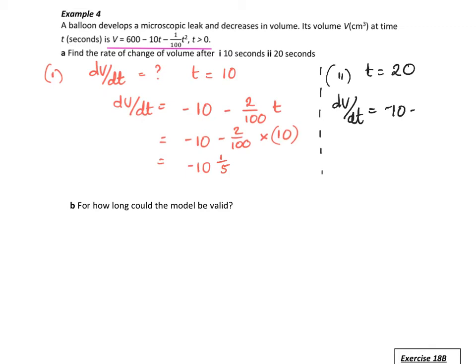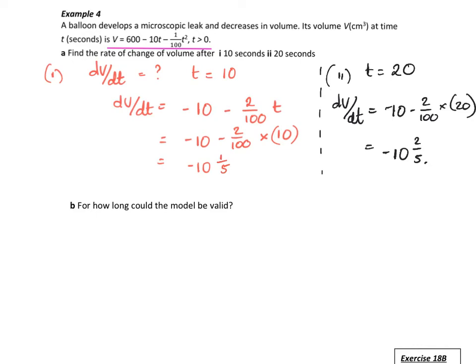So negative 10 minus 2 on 100 times 20, and when you work all of that out, you get negative 10 and 2/5. So the instantaneous rate of change at t equal to 10 seconds is negative 10 and 1/5, and the instantaneous rate of change at t equal to 20 seconds is negative 10 and 2/5.